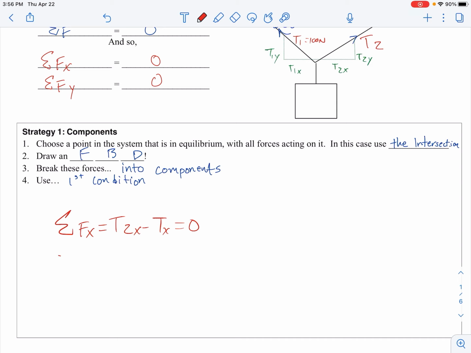Which means that T2x equals T1x. Now, this means that we just need to solve for one of those. So obviously we know T1x. Let's break that down.